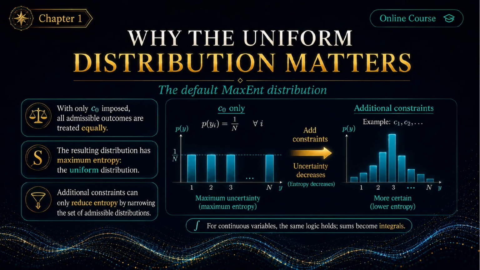Okay, so this is the final slide, and I just want to make a few comments about why the uniform distribution is important. I've alluded to some of these, but now we'll hit them home one more time. When we only have the normalization constraint being imposed, it means that all outcomes are equally likely.